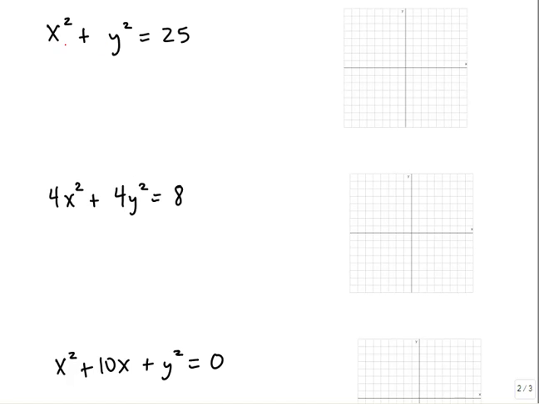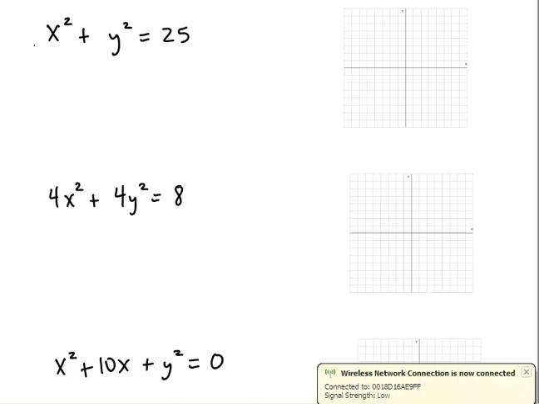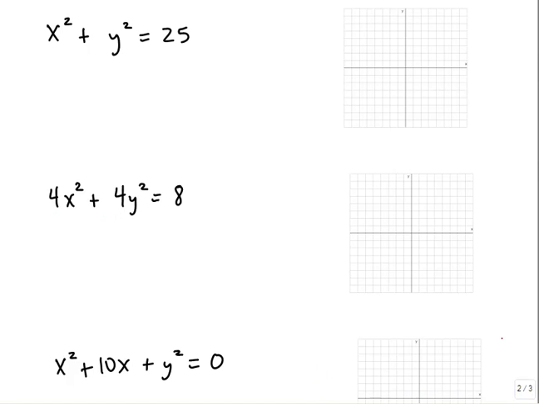There's addition in between the x squareds and the y squareds, and the coefficients match. Here the coefficients are both 1s, here the coefficients are both 4s. If you did not have matching coefficients, or if you had a minus sign instead of a plus sign, then that would result in either an ellipse or a hyperbola, and you'll learn about those more in college algebra.